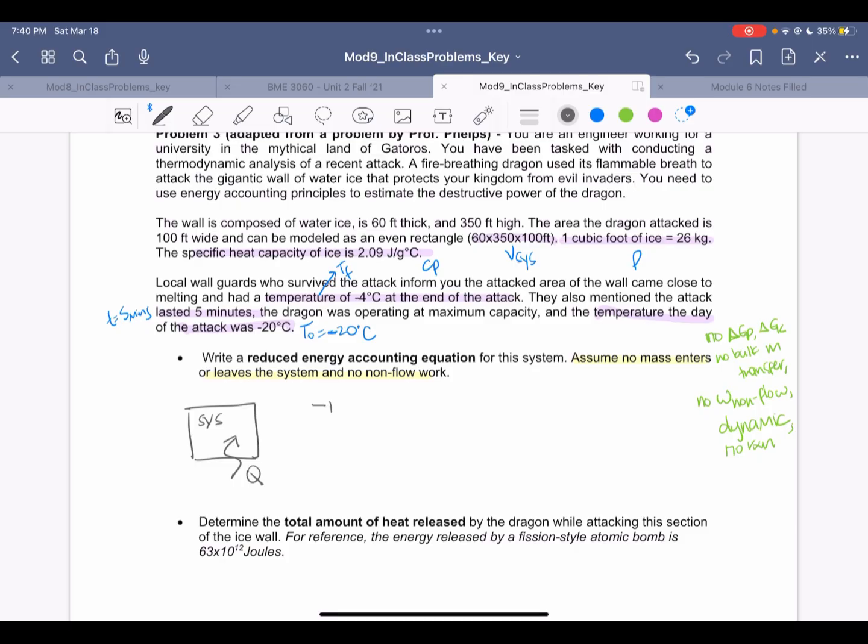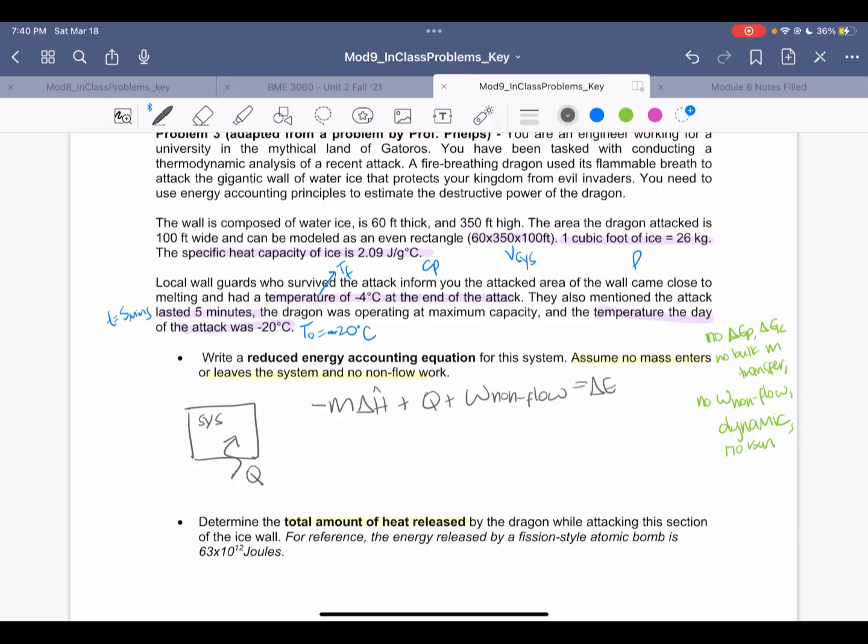I'm going to use the algebraic form, because down here it wants me to calculate the total amount of heat release. So I'm going to start with the algebraic form, plus Q plus work due to non-flow.